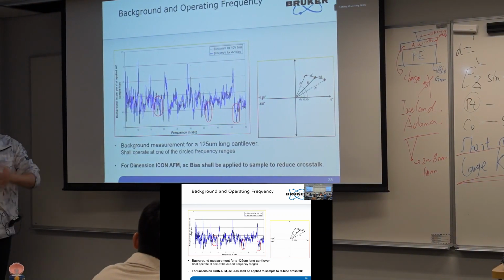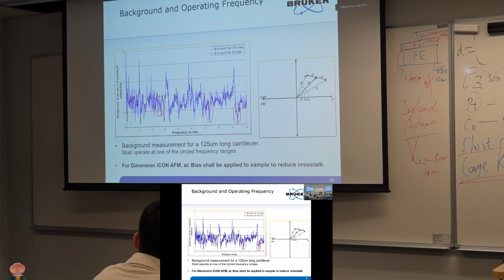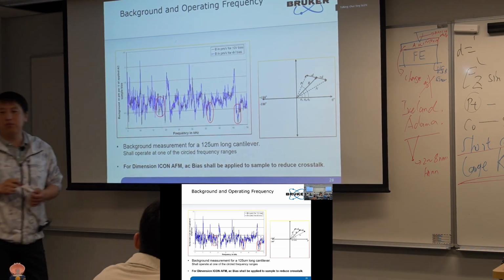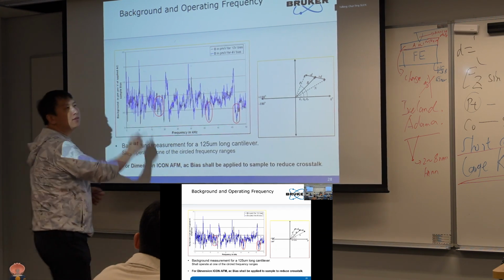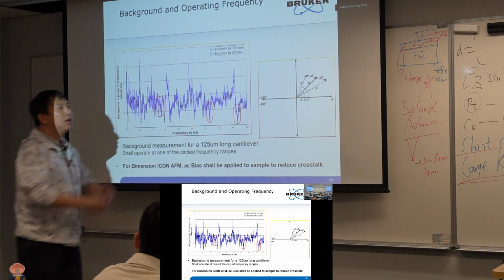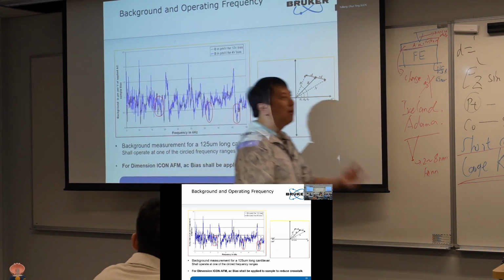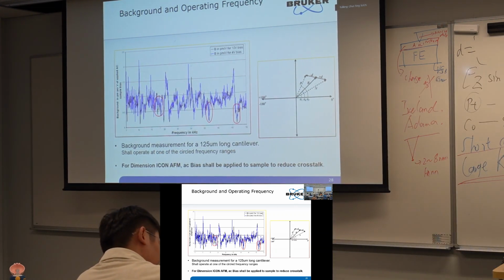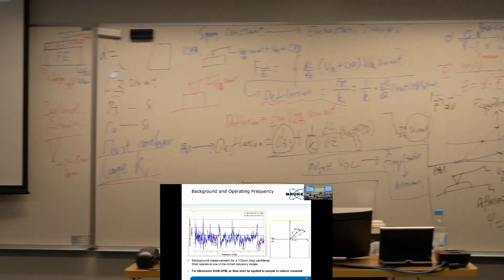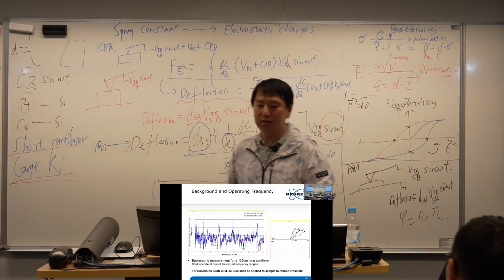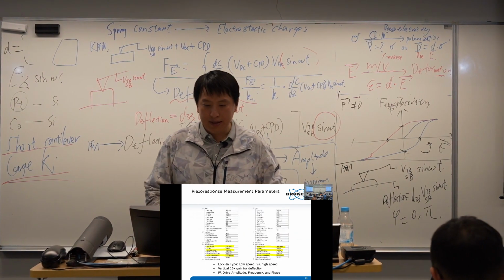Of course, if you are using other brands of AFMs, just contact your technical support to ask them to tell you the frequency response, and we need to find the frequency with the low noise. Okay, so PFM does not demand any preference on the frequencies. We choose the frequencies just due to the response of our instrument.